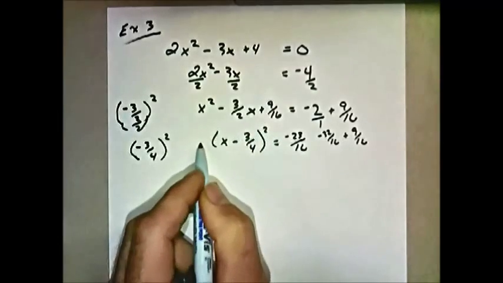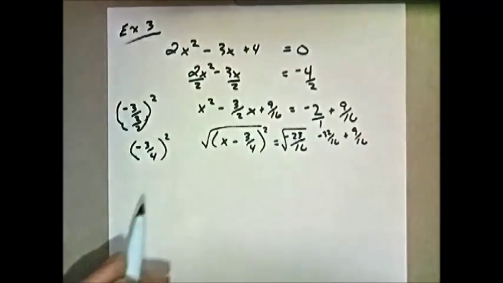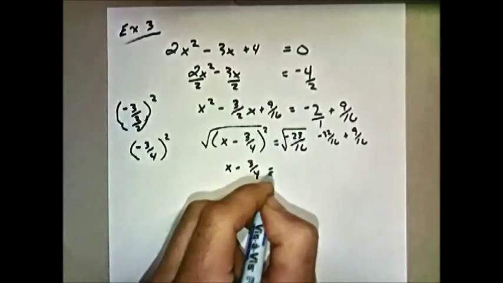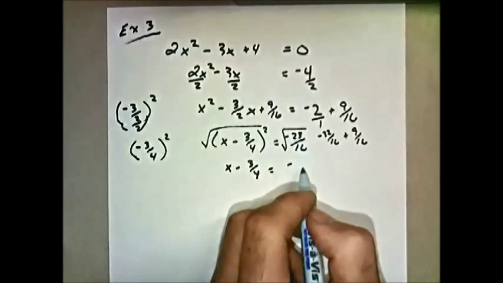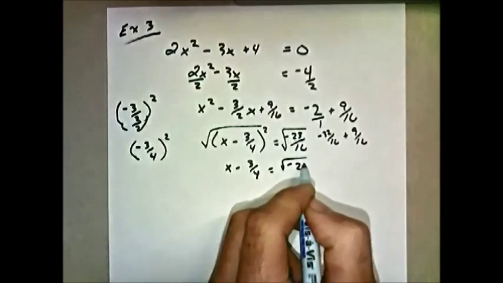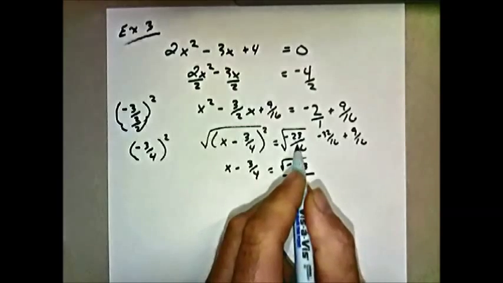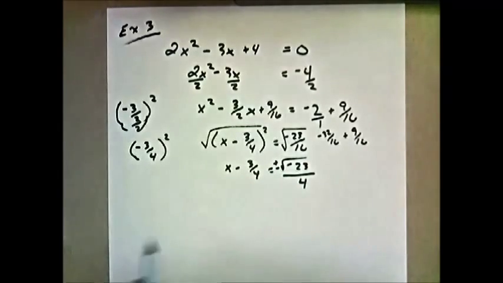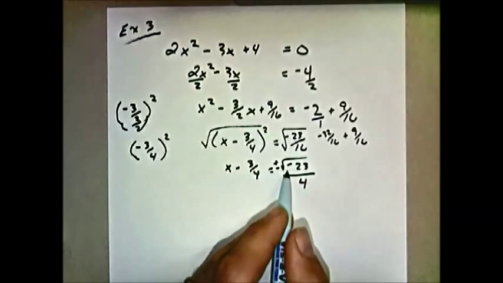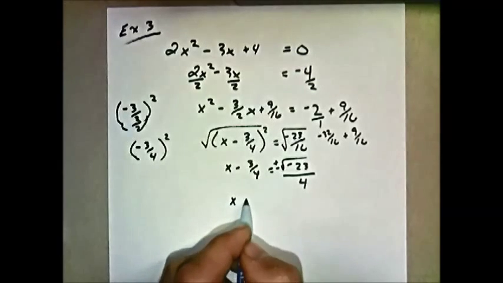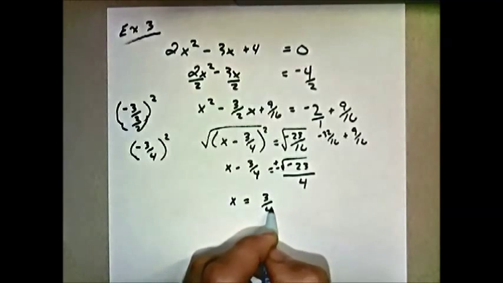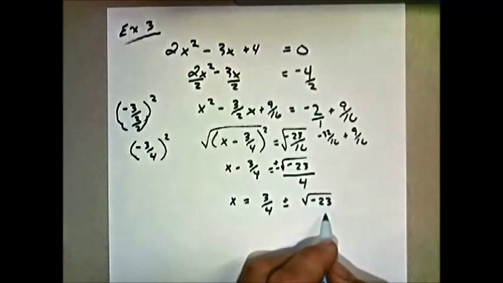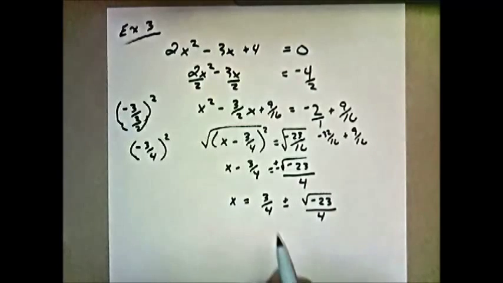Go ahead and take the square root of both sides. And we see that x minus 3/4 equals plus or minus the square root of negative 23 over the square root of 16, which is 4. Go ahead and add 3/4 to both sides. So we have x equals 3/4 plus or minus the square root of negative 23 over 4.